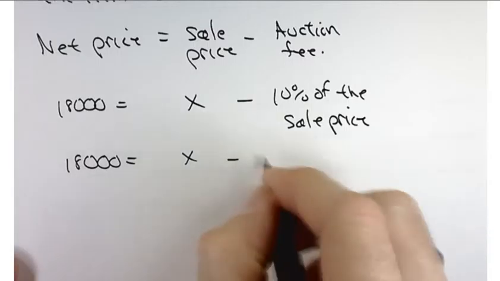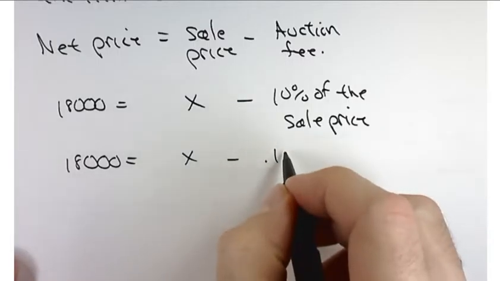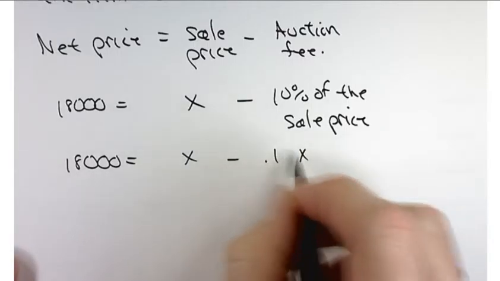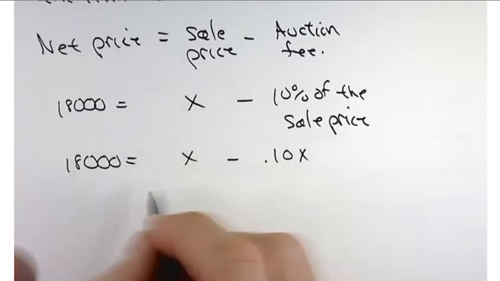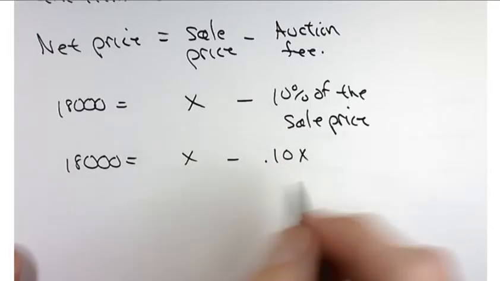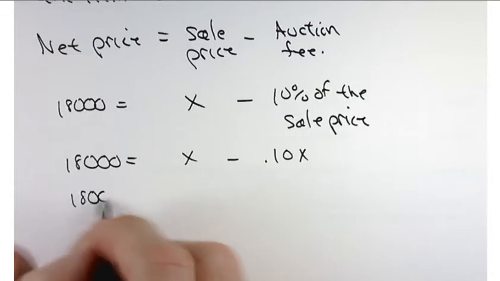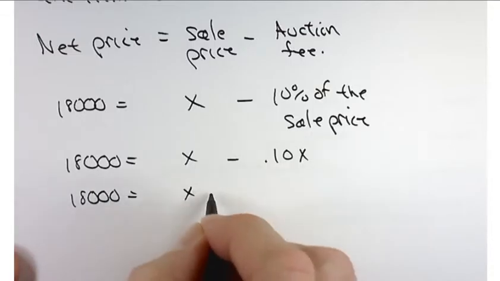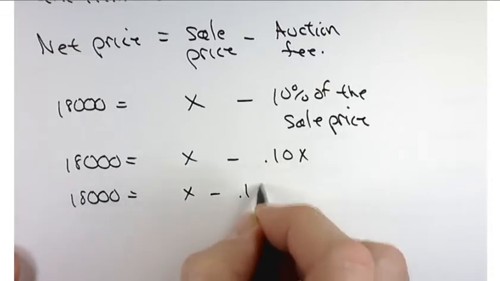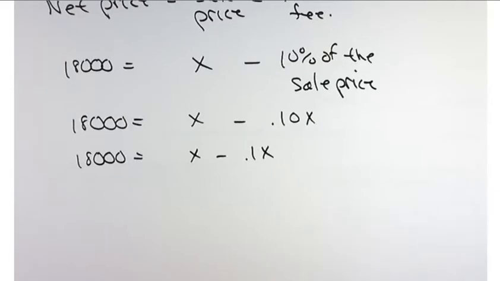Good. 0.1. You could put 0.1 or 0.10, it doesn't matter. There is a slight advantage in this case of using 0.1, and I think I noticed that when I saw Ed's paper. If you have just 0.1, to clean this up and get rid of the decimals, what would I multiply by?